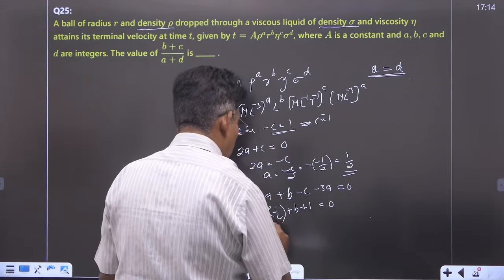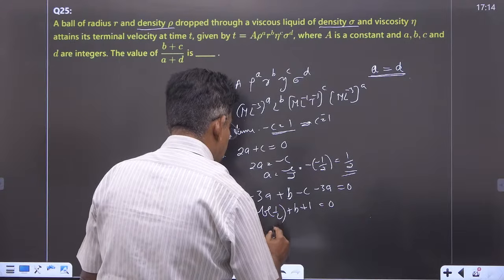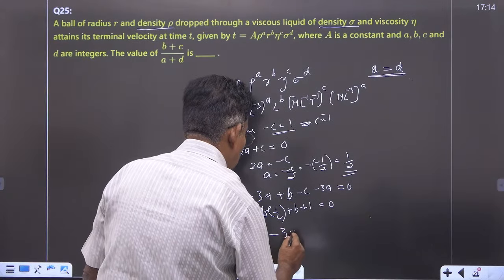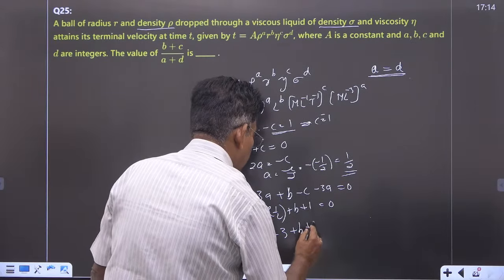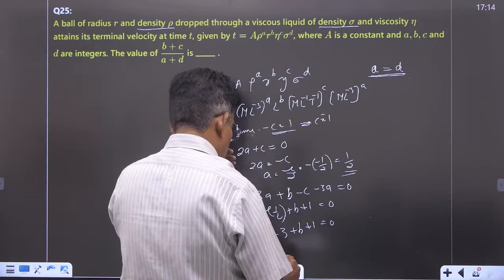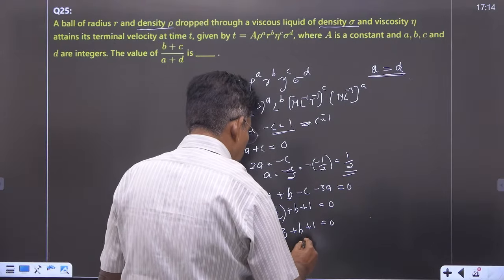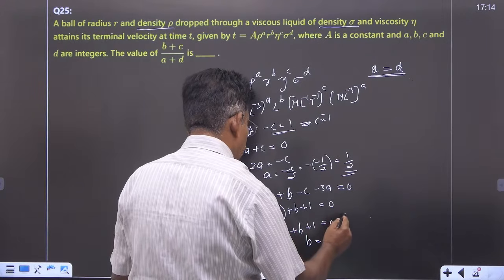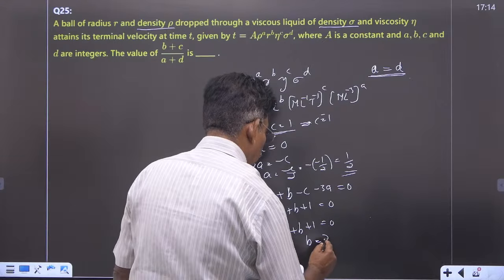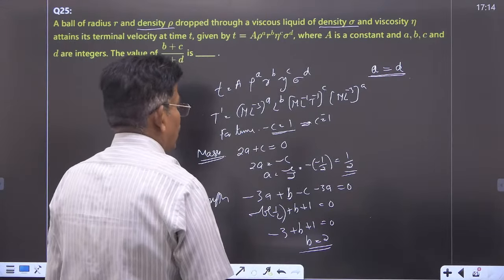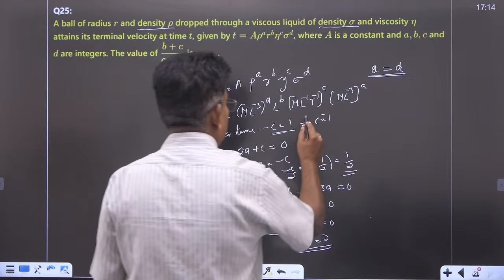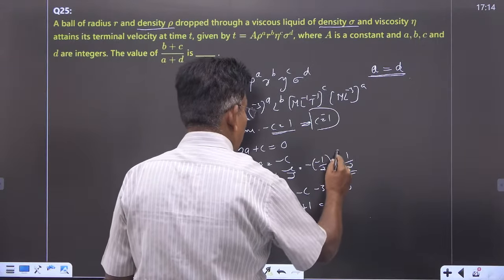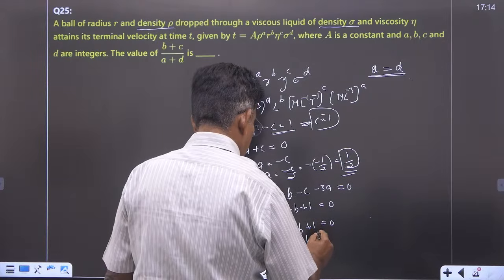This is minus 3 plus B plus 1 is equal to 0. This is coming to be B is equal to how much? Minus 3, that will go 3. 3 minus 1, 2. So we got all these values. C is minus 1, A is plus half, B is 2.